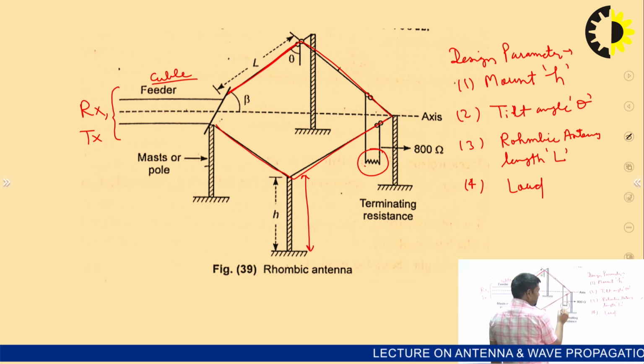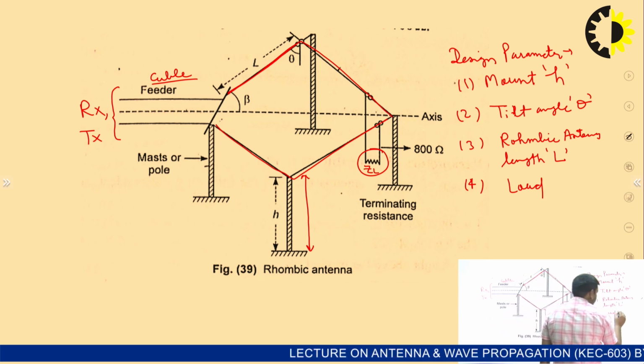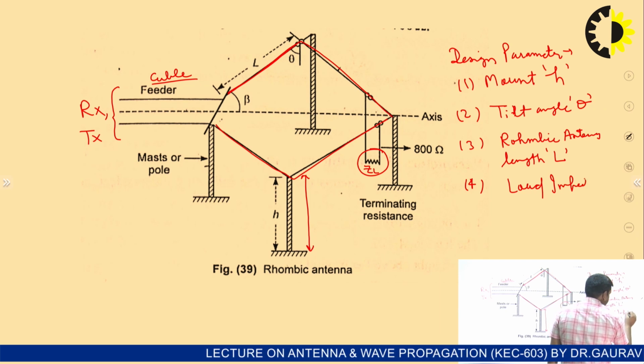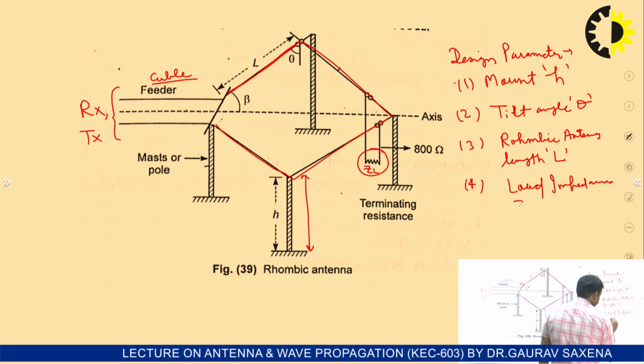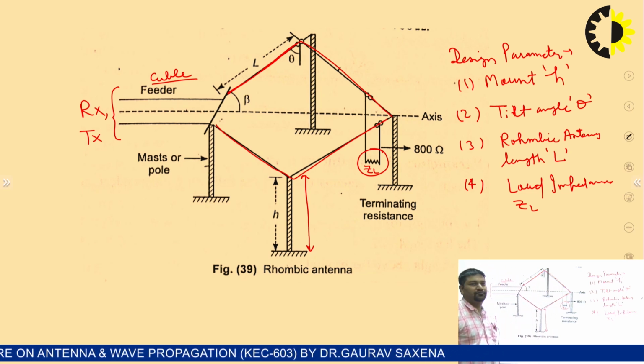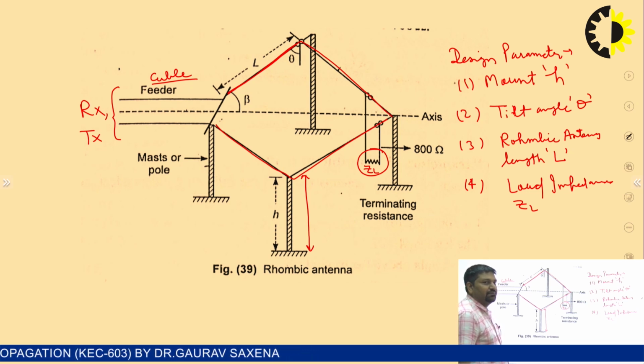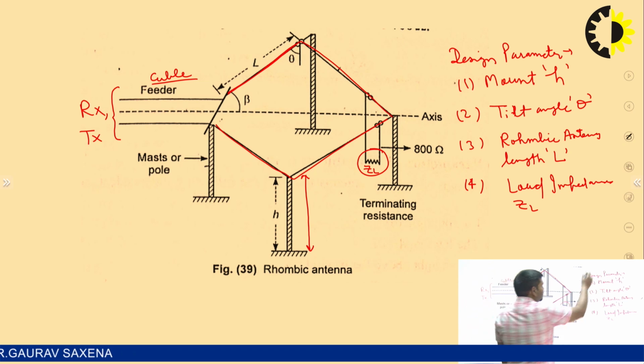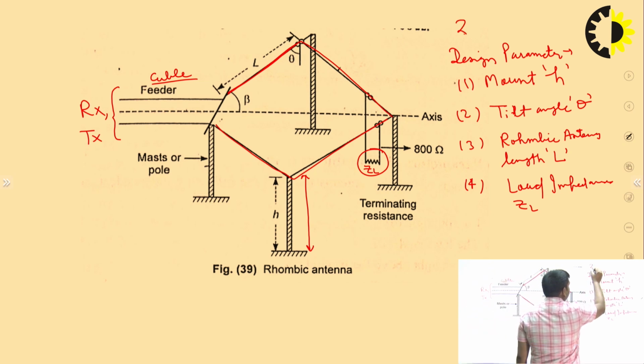So mainly these are the 4 design parameters to construct the rhombic antenna for wireless communication in the range of 3 to 30 megahertz.